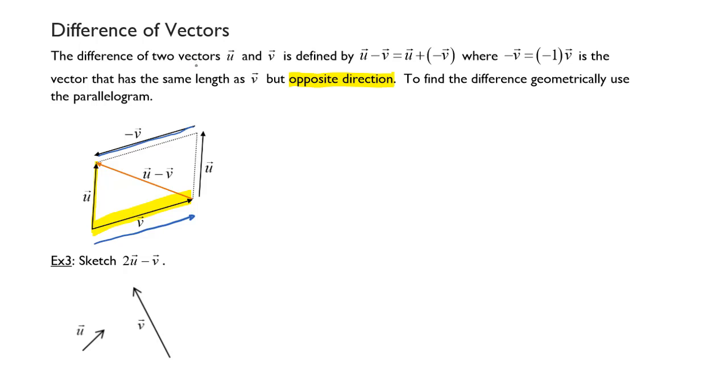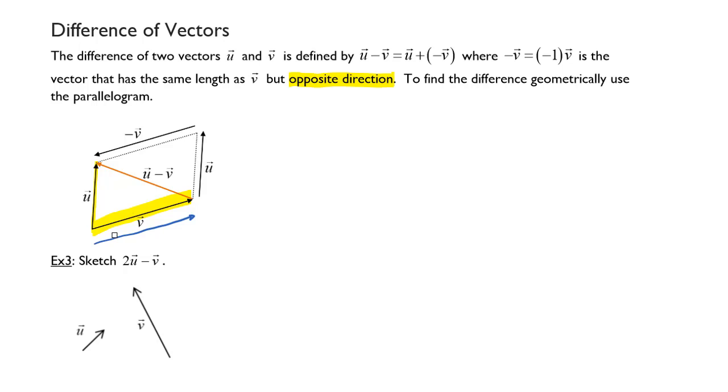You, of course, could also sketch this using the terminal point of the first vector connected to the initial point of the second vector, and then you could combine them. So either way, it works.